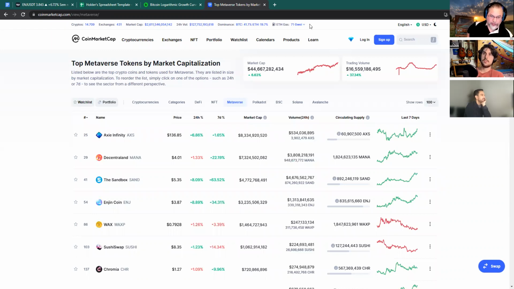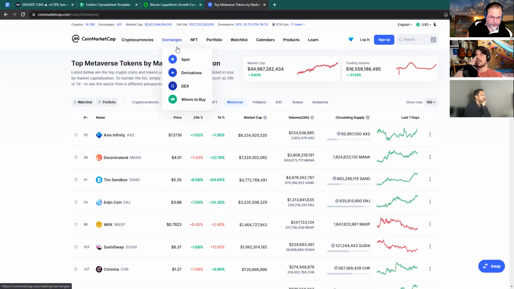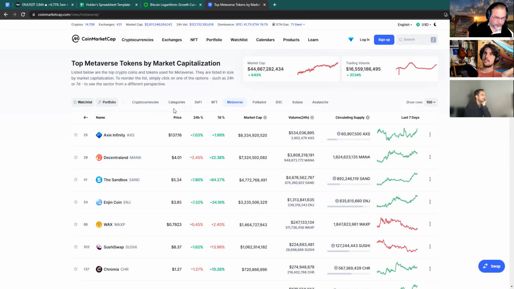Say Decentraland is 10% of the total metaverse market cap. If the total market cap of metaverse was half of what gaming is, and Decentraland was 10% of that half, how much would it cost, for example? That's another good comparison you can make.